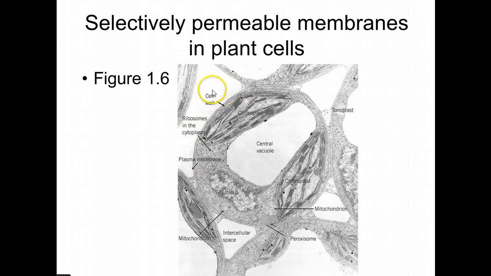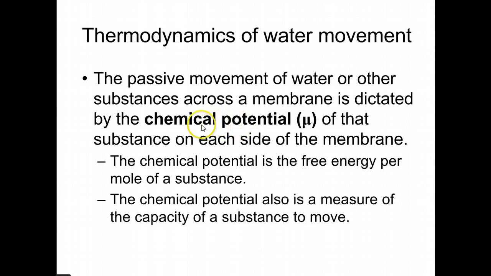But basically, we talk about moving water from outside the cell to inside the cell, okay? And in fact, the vacuole is the main driving force. So the water potential outside the cell versus basically the water potential of the vacuole. But we just talk about it as inside and outside the cell, okay?